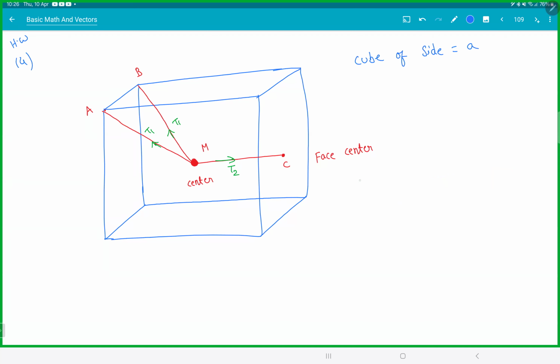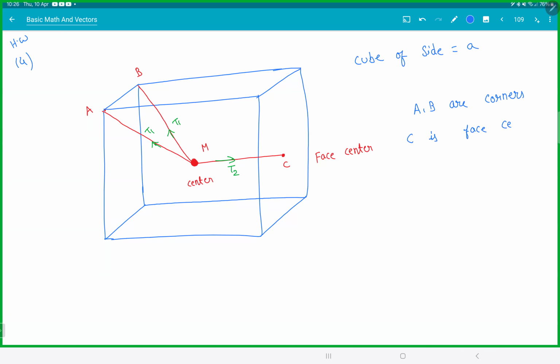Getting it? So A and B are corners. This is what I was telling you, you need to be able to visualize things in 3D. C is the face center.